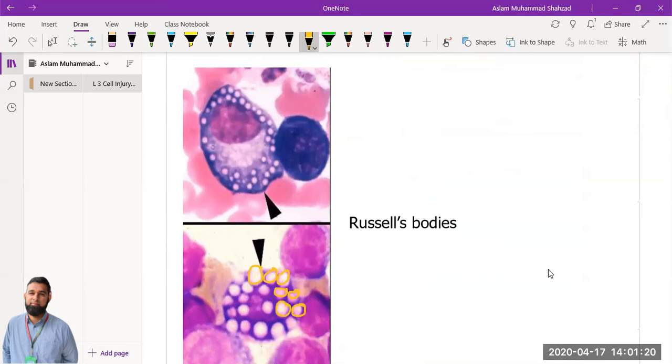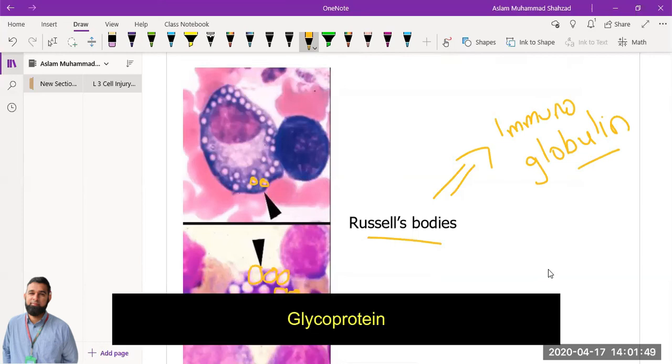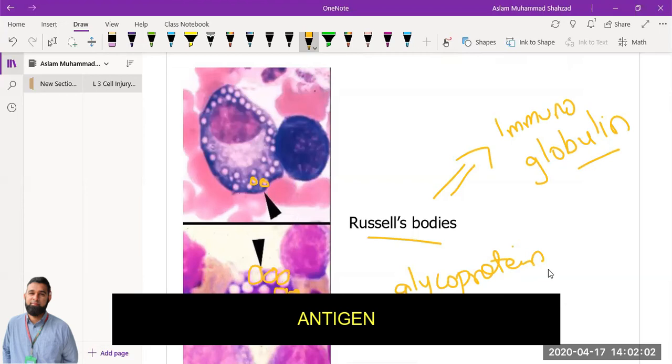They are all Russell bodies because of the production of immunoglobulins in the rough endoplasmic reticulum of the plasma cells. But now what are immunoglobulins? They are actually glycoproteins, and they are produced against any antigen.